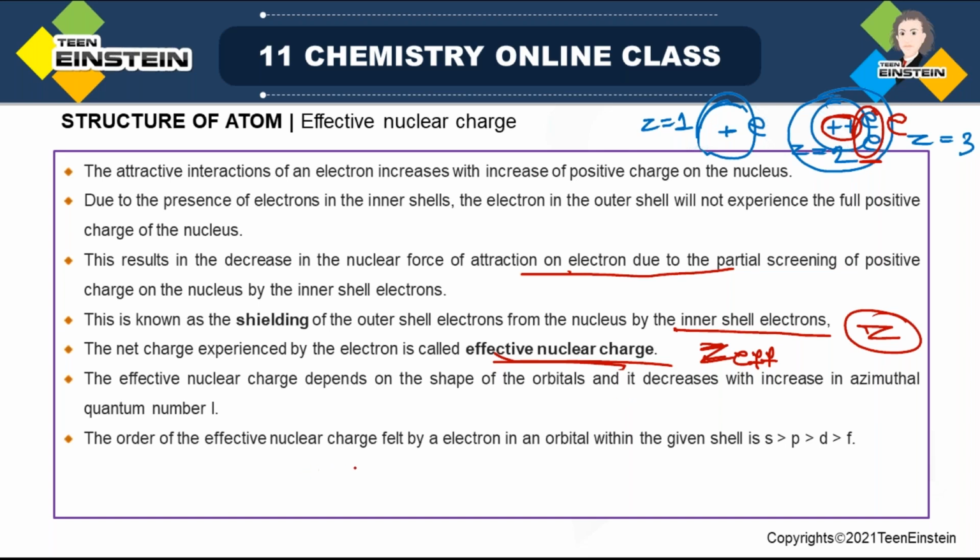So suppose one electron is present in P, and in another system it is present in S. When it is present in S, it will feel more effective nuclear charge. It is an inverse relationship: it decreases with increase in azimuthal quantum number.